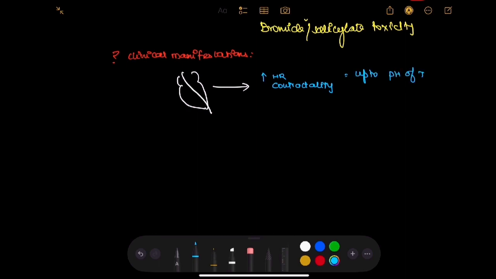In the cardiovascular system, heart rate and cardiac contractility will initially compensate with an increase in heart rate and cardiac contractility up to a pH of 7.2.